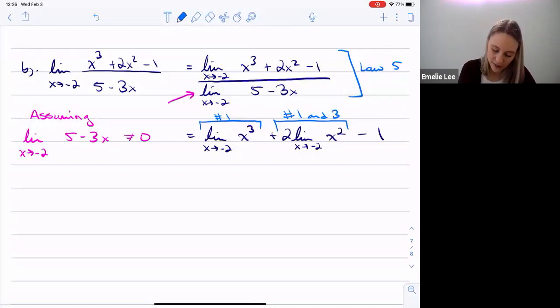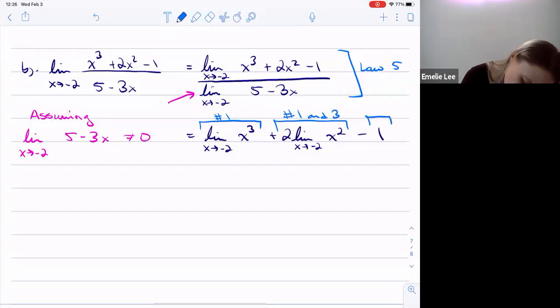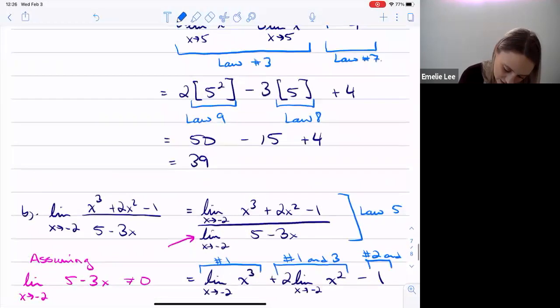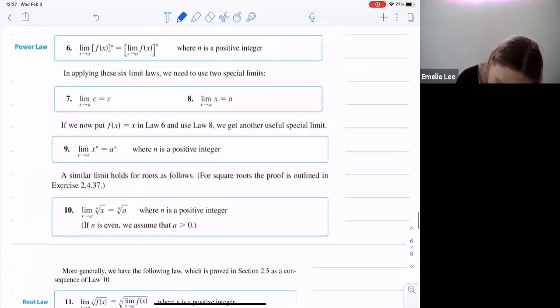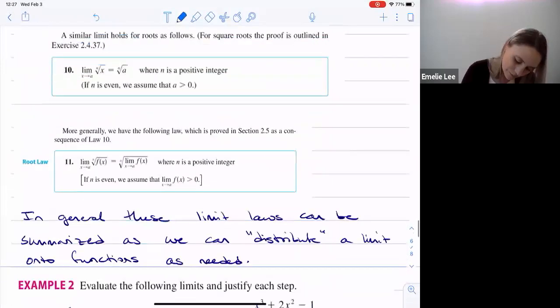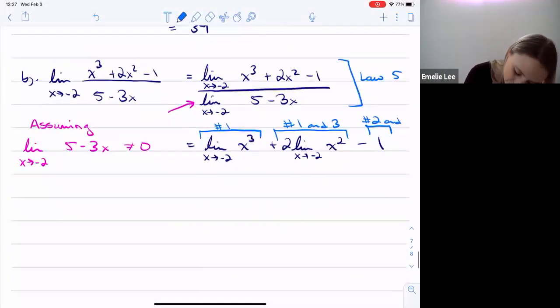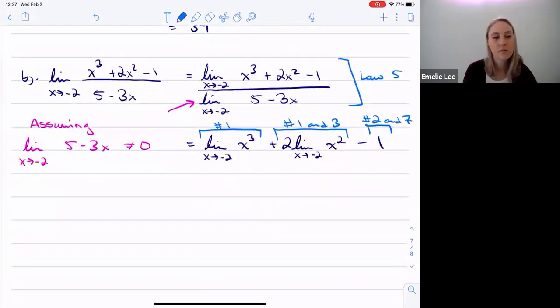And because scrolling is proving to be quite a pain here, this is law number 2, and the limit of the constant was 7. Trying to avoid scrolling. There. It's so laggy.